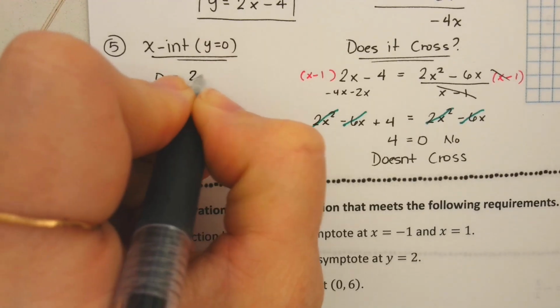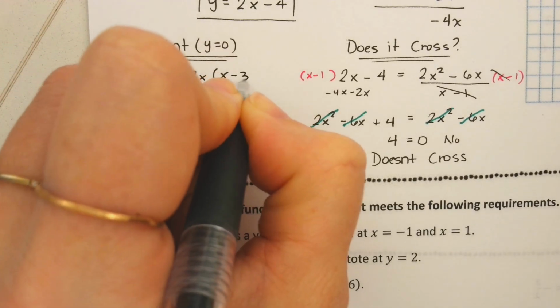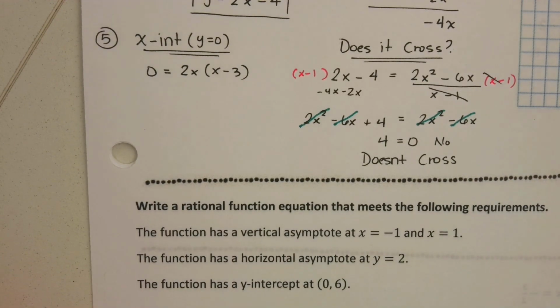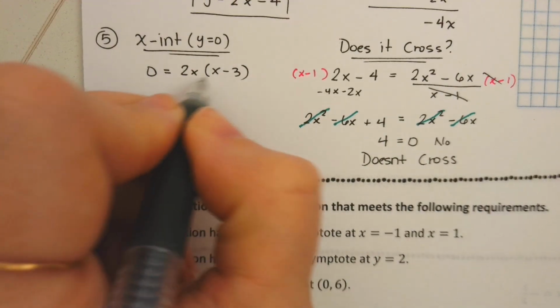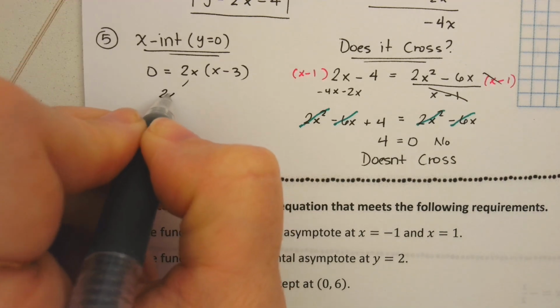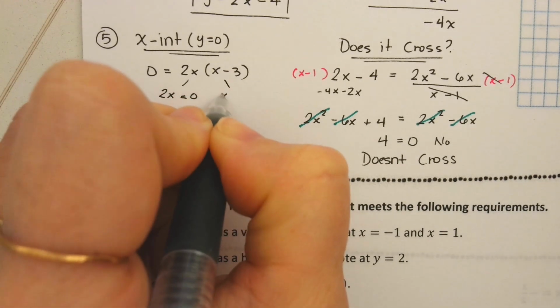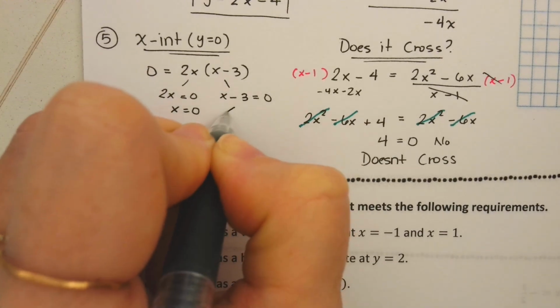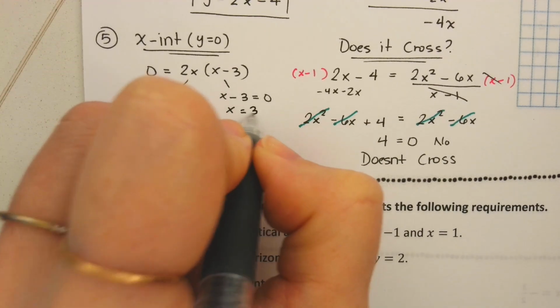How many x-intercepts are there going to be then? 2 x-intercepts. One when the 2x is 0, and one when the x minus 3 equals 0. So one is at 0, and the other is at 3.